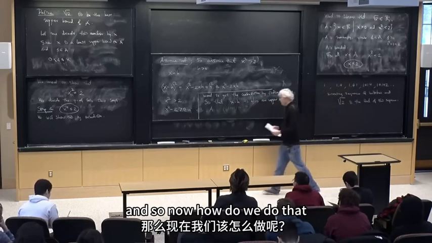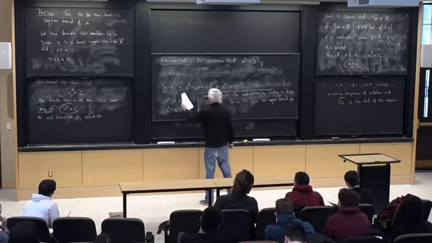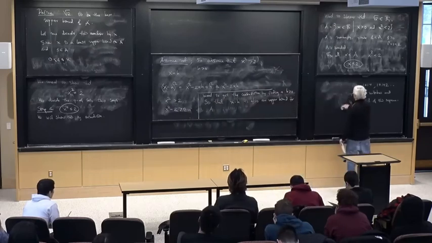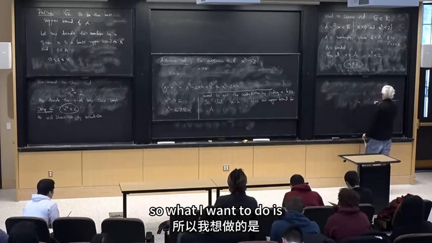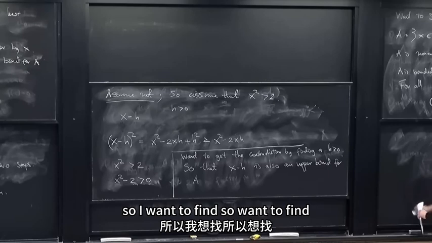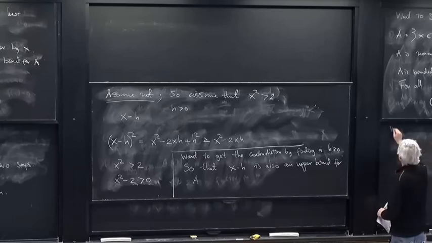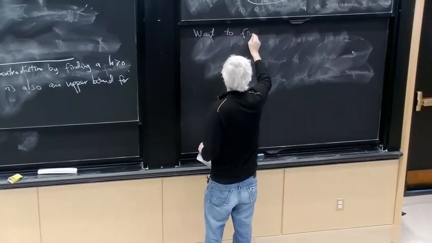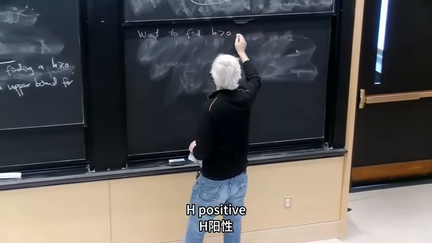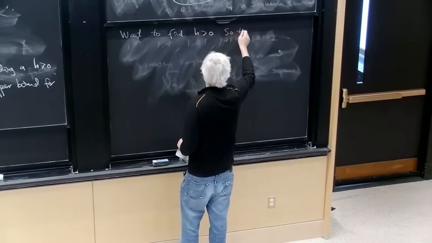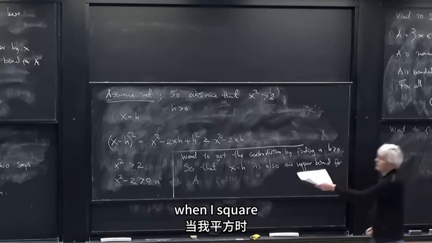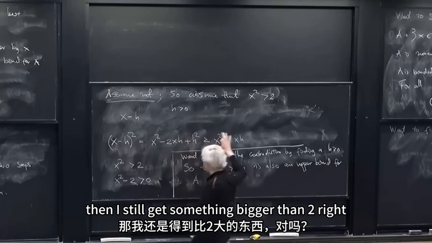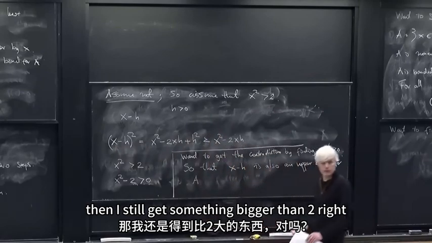And so now how do I do that? Using this little calculation here, what I want to do is find h positive, so that when I subtract h from x and I square it, I still get something bigger than 2, right?